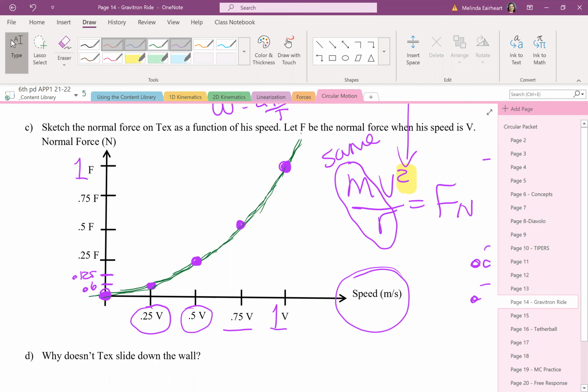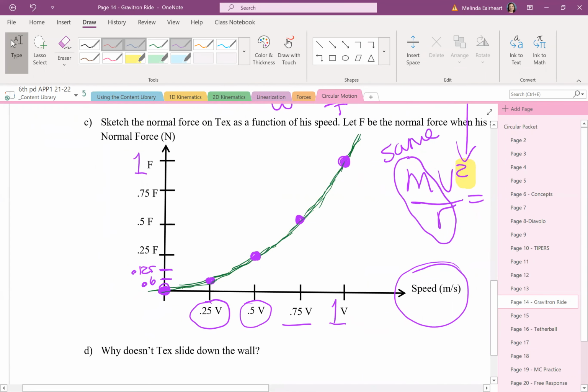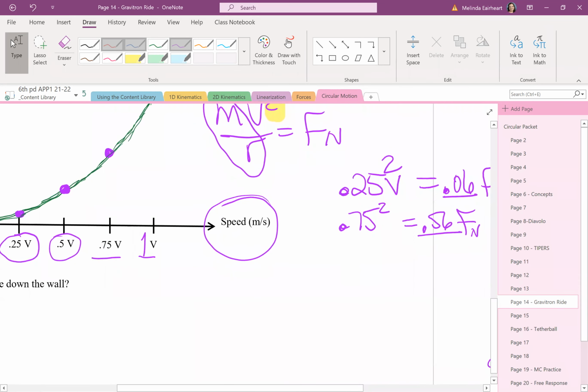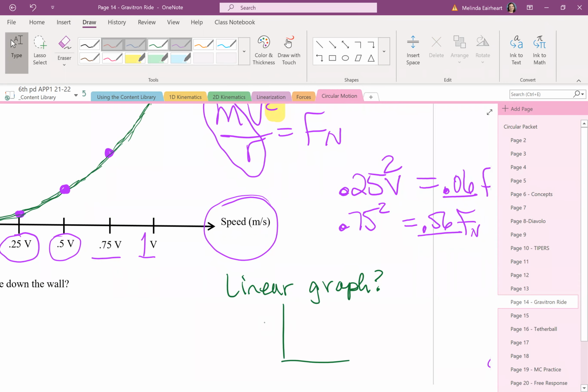Let's review. How would I linearize this? What would you plot to get a linear graph? I think I heard someone answer, but I wasn't listening, sorry. v squared. If I had v squared on the x-axis and F on the y-axis, then you would get a straight line, right?